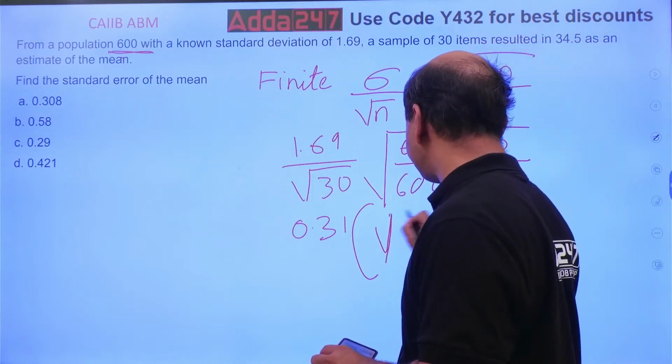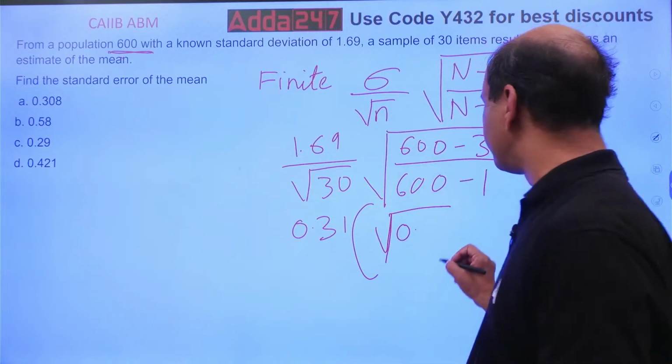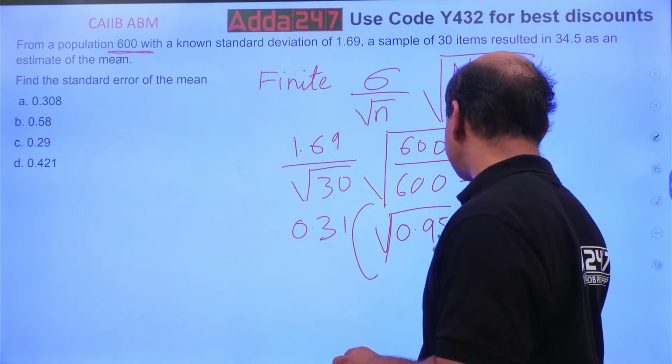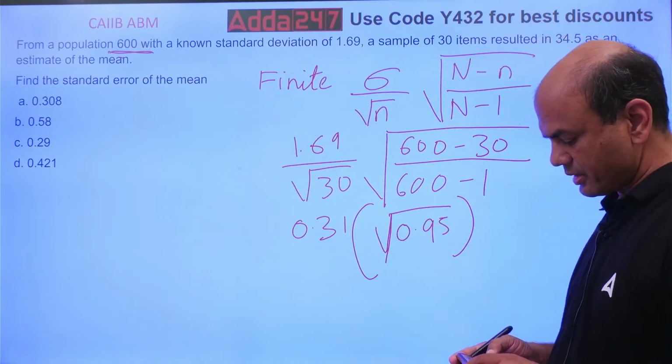Square root of 0.95 into 0.31 gives about 0.302.